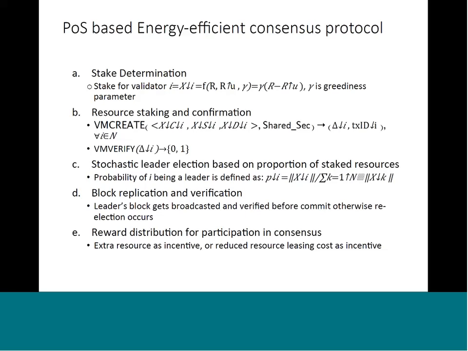So the resource amount would also change in a temporal fashion. That's why, in order to make sure that we are calculating the stakes properly, we use the average value at the beginning of the epoch and kept it fixed throughout the epoch.